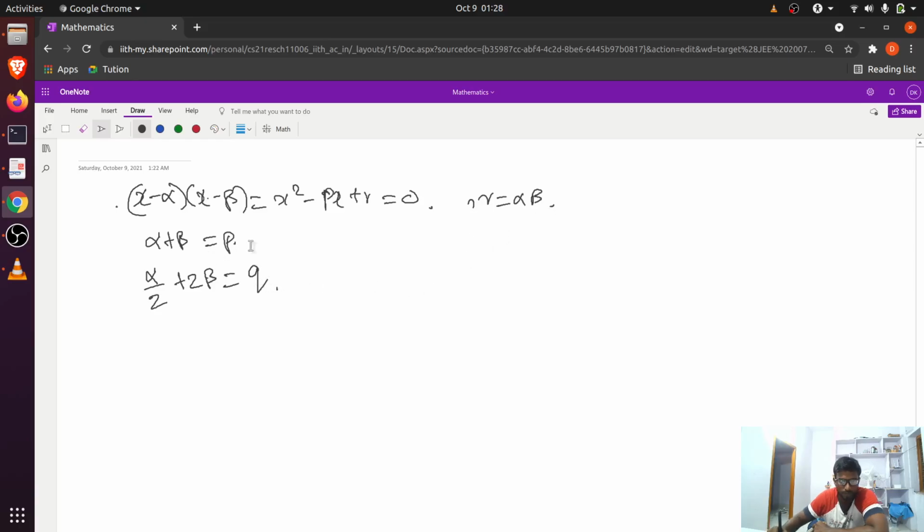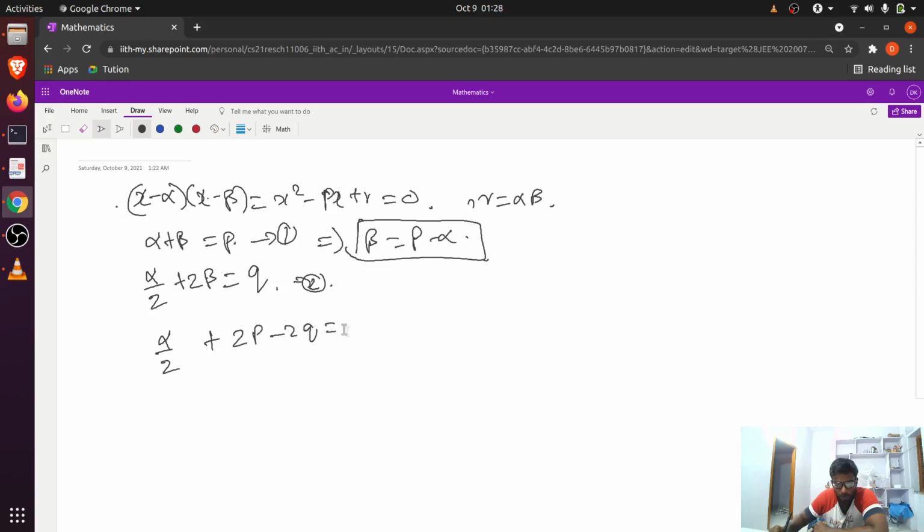Okay. From equation 1, we can write beta as p minus alpha. If you substitute it in equation 2, we will get alpha by 2 plus 2 into p minus alpha, which is q. So alpha by 2 minus 2 alpha, sorry. Right?